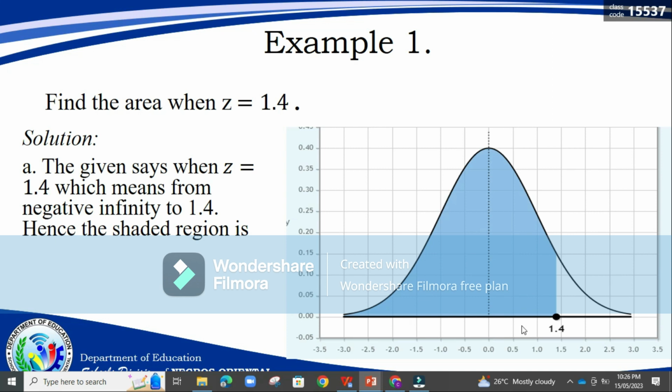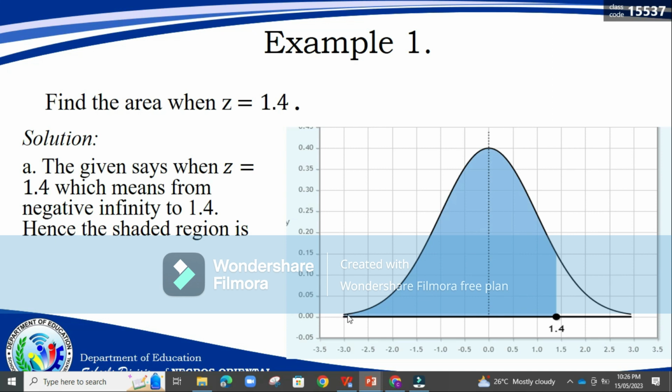If this is our number line, this is 0 until 3 here, same is true here with negative 3. So 1.4 is located somewhere here. Then we shade that part from negative infinity. Remember, it is asymptotic to the x-axis.